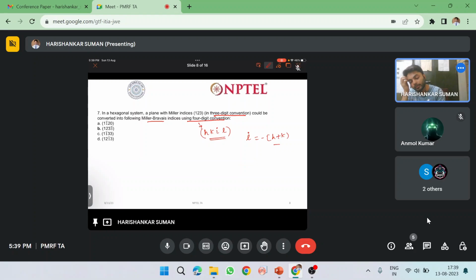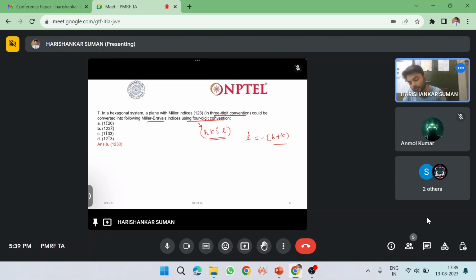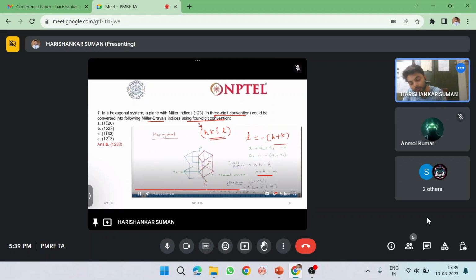So now the answer: negative i is equal to minus (h plus k). Please verify the answer. 1, 2, 3 and minus 3. h plus k gives 1 plus 2 equal to 3, and take the negative sign, so minus 3. Yes. Clear? Let's move further.